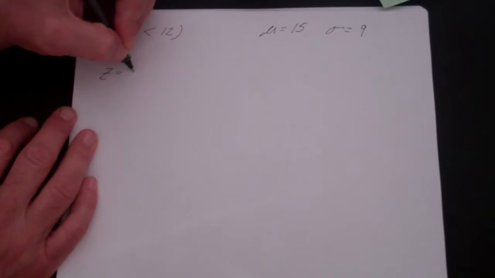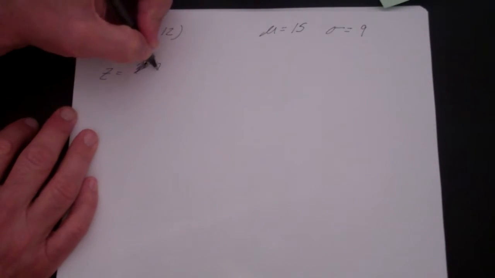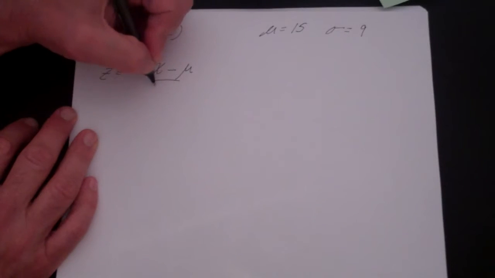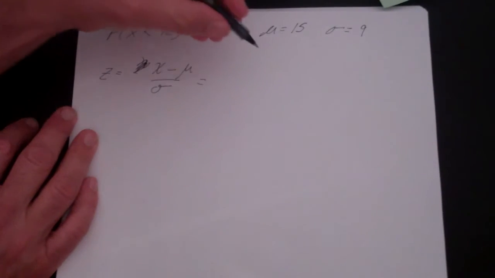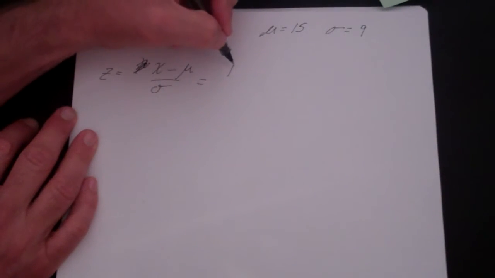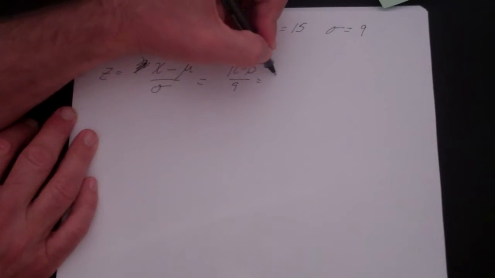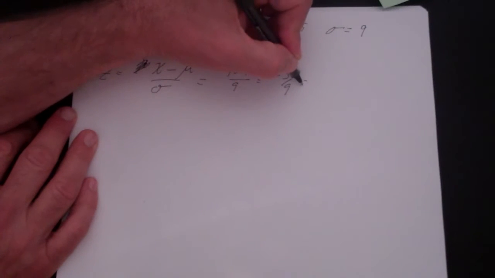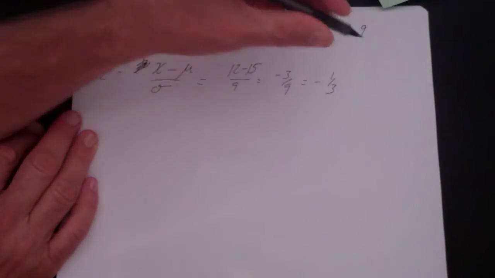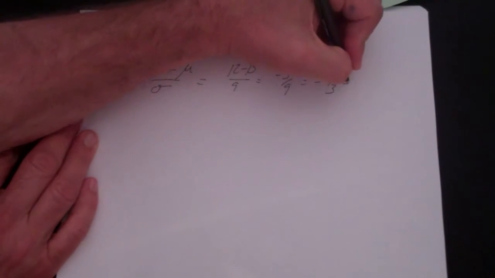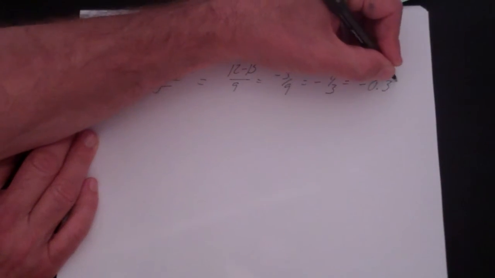The z-score is x minus mu over sigma. In this case it is 12 minus 15 over 9, or minus 3 over 9, or minus 1/3. Let's put that in the calculator. From the calculator you get minus 0.33 repeating.